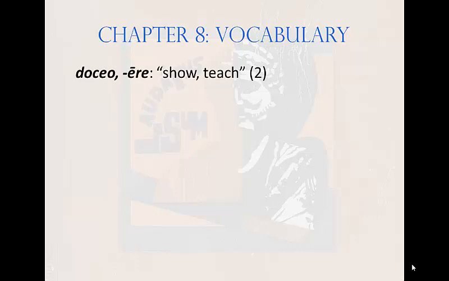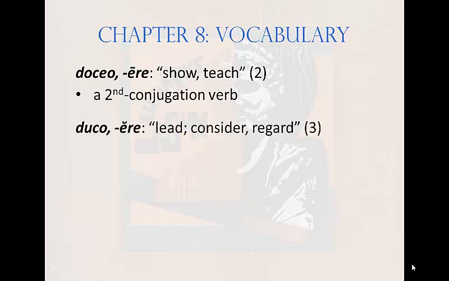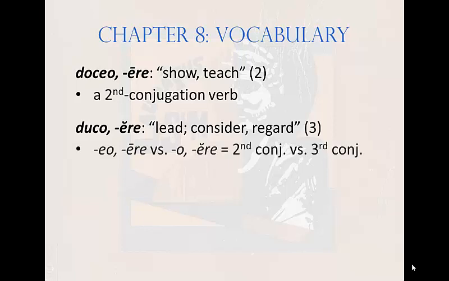The first is doceo docere, meaning show or teach. It's a second conjugation verb. The next is duco ducere, meaning lead, consider, or regard. It's a third conjugation verb. Look at the difference in the principal parts of these two verbs.